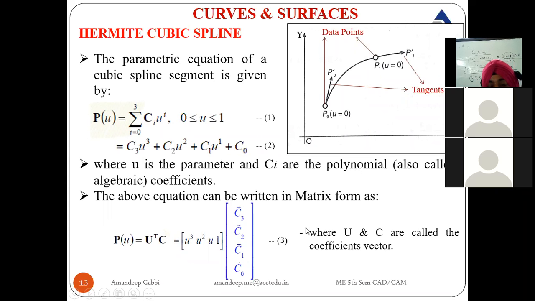The above equation can be written in matrix form. You all must know matrices and determinants, you have all done that.